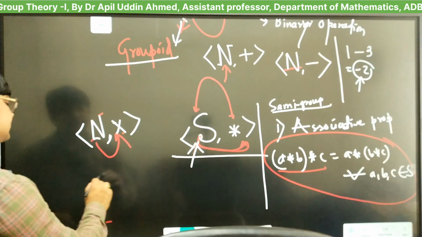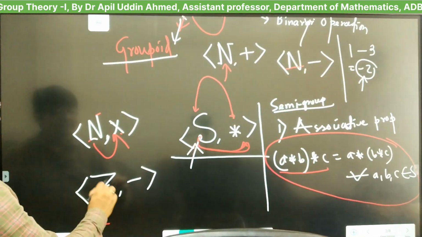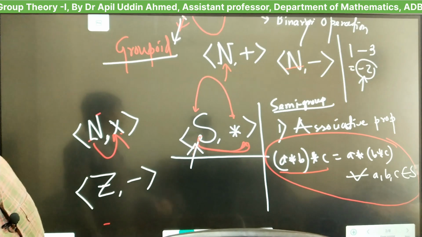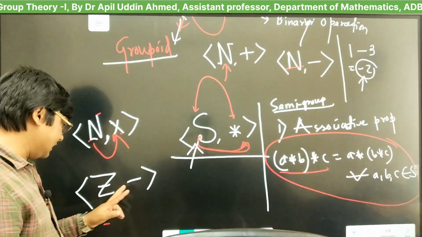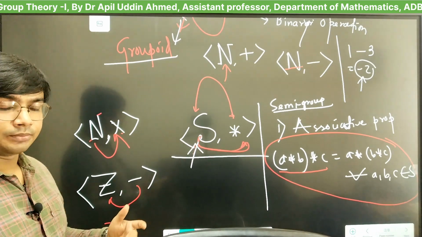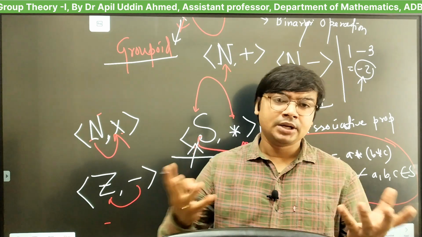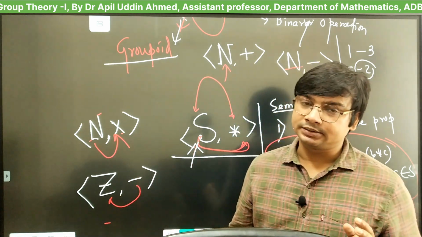But if we consider this operation, suppose this one, the set of integers and minus. Now you see this set of integers will be closed with respect to subtraction, because if you take the difference between any two integers, we again get an integer.